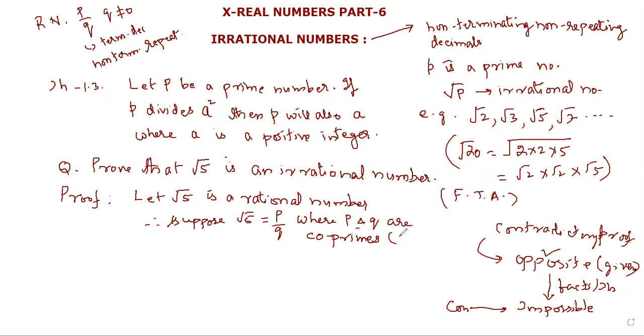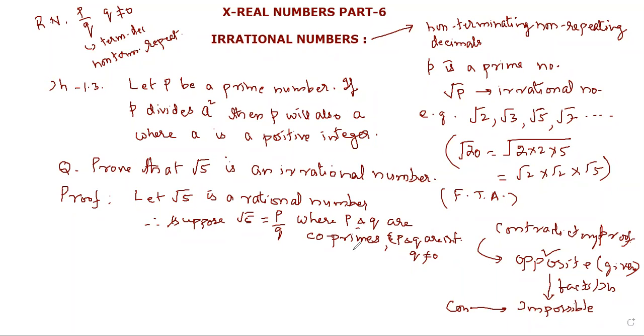I will tell you what co-primes are. p and q are integers, according to the definition, and q is not equal to 0. This is also there, but it is obvious, so if you do not write it, it is fine. Just write where p and q are co-primes.